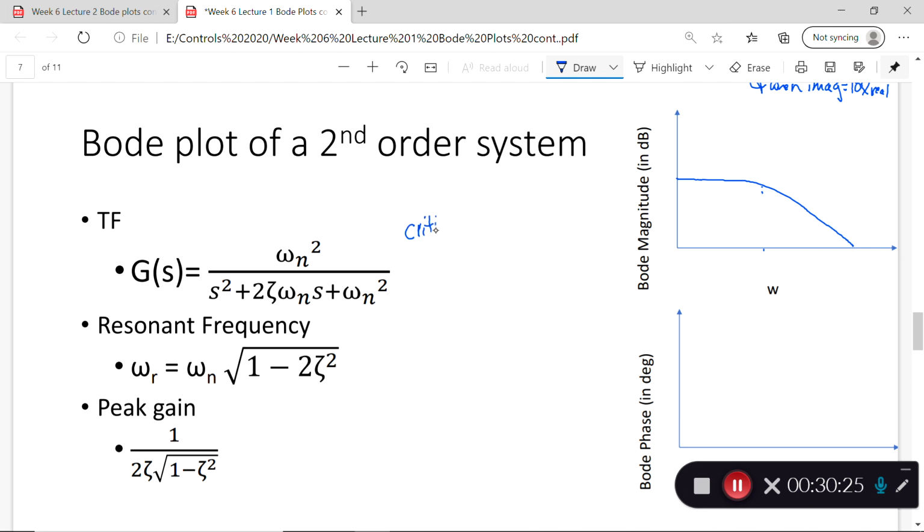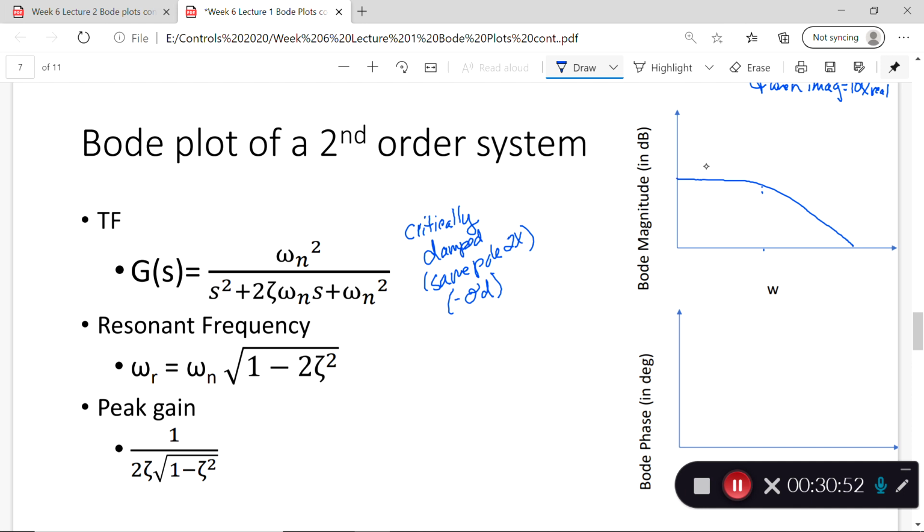Remember when we were critically damped, we get the same pole over again. So we get two poles, but it's really the same pole twice at negative sigma d, the real part of that pole.